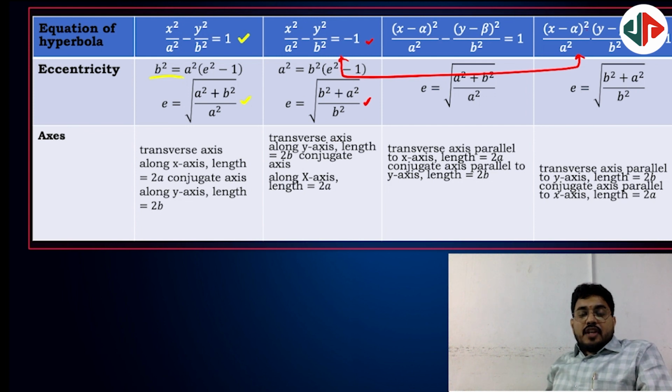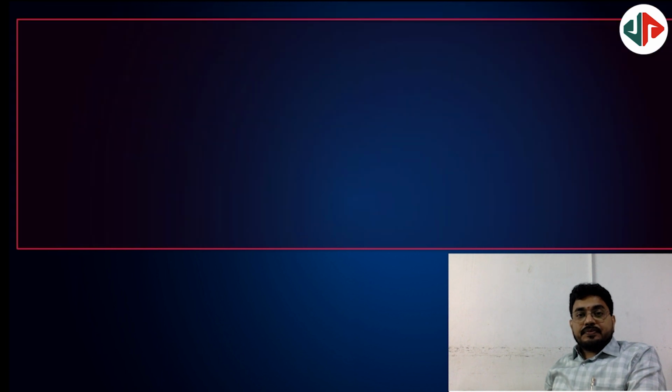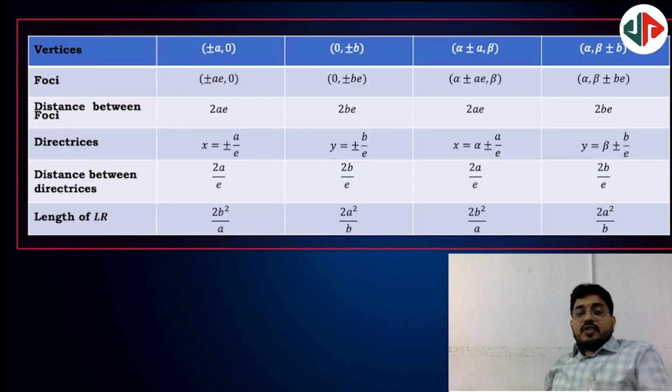So the length of the transverse axis is 2a. The length of the conjugate axis is 2b. In this case, the length of the transverse axis is 2b, the length of the conjugate axis is 2a. Here also in a similar way. So for all these, the vertex is plus or minus a comma 0.